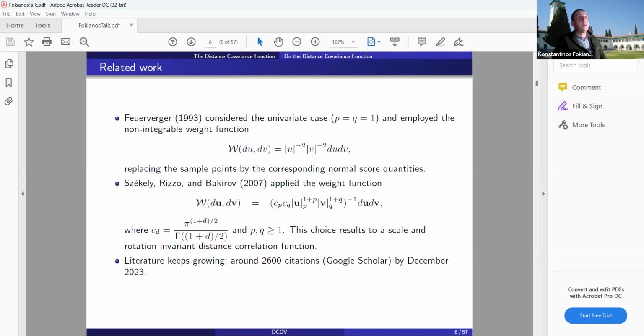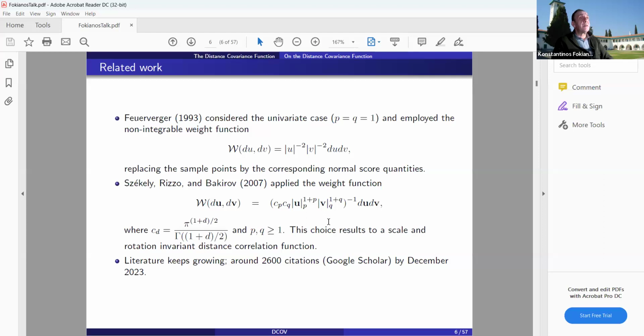So there is some history about this. Feuerverger, back in '93, considered the univariate case, and he employed this non-integrable function and replaced the sample points by normal score quantities. Székely, Rizzo, and Bakirov applied this weight function in p dimensions and q dimensions, with some normalizing constants.